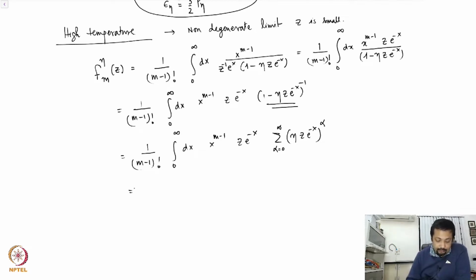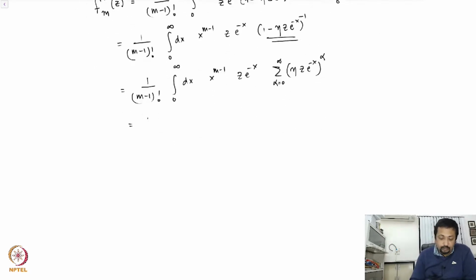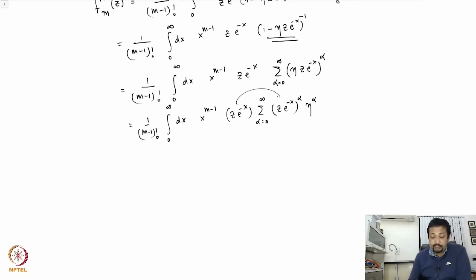So that I have 1 over (m minus 1) factorial, integral from 0 to infinity dx x to the power m minus 1 z e to the power minus x, sum over alpha equal to 0 to infinity of z e to the power minus x raised to the power alpha eta to the power alpha. I can bring it inside over here.